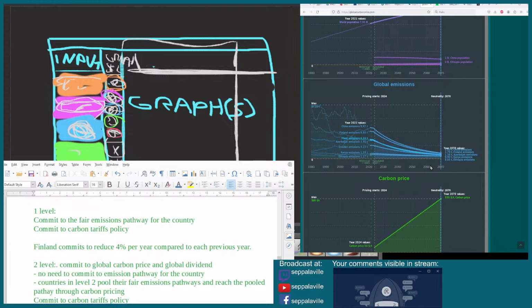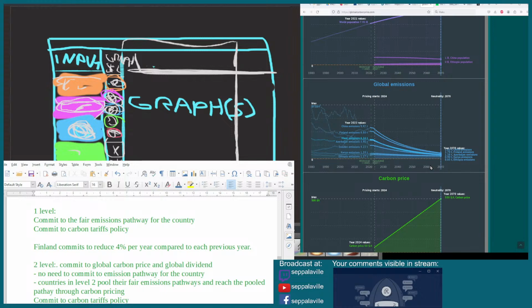But I think what I'm thinking about doing is I could take the average of each annual reduction in percentage. So say that because of these corrections, in Finland we reduce 4.2% between 2039 and 2040, and then 3.9% between 2040 and 2041, and we get 4.15% on average between those years.